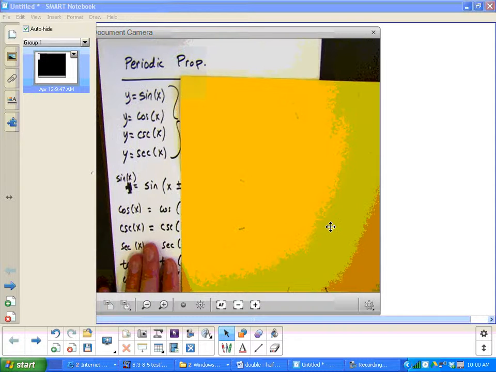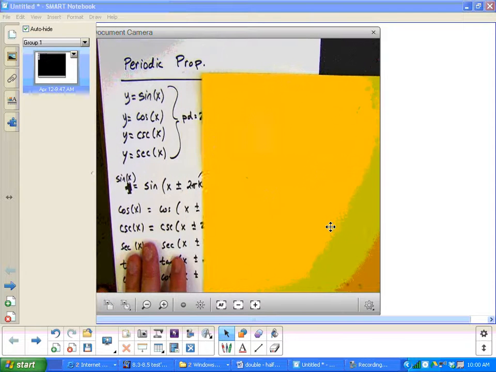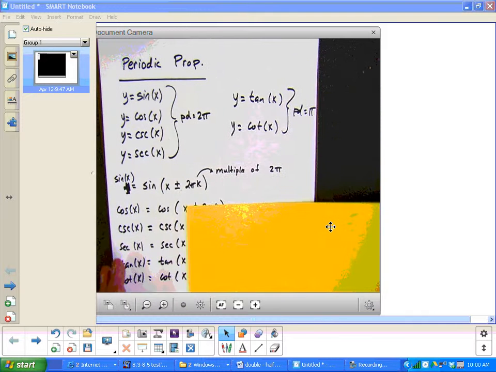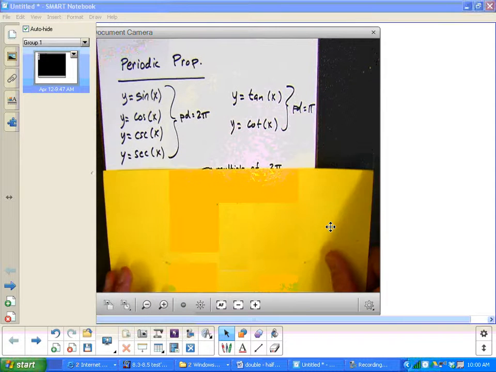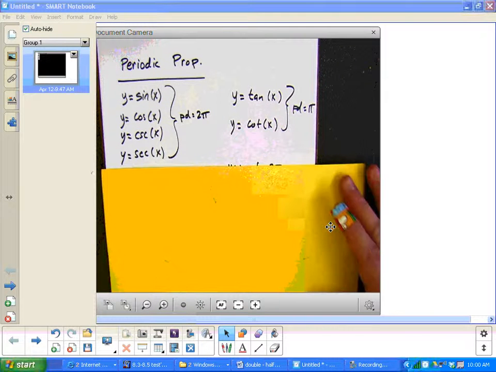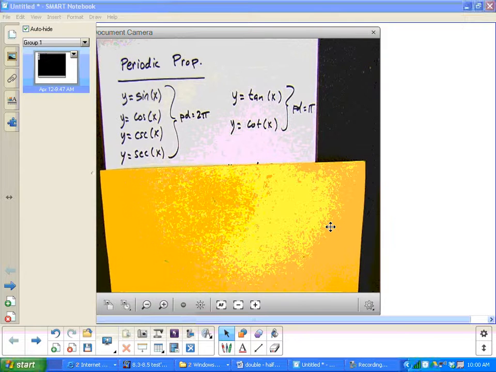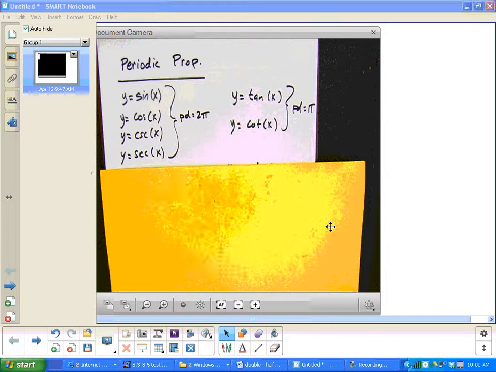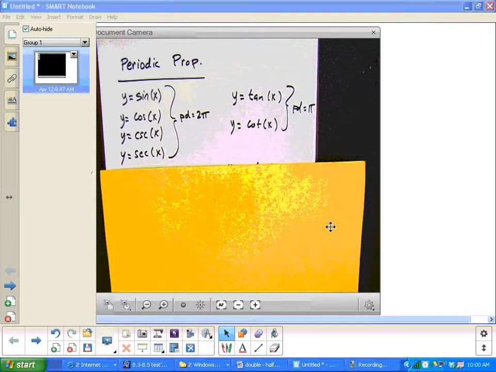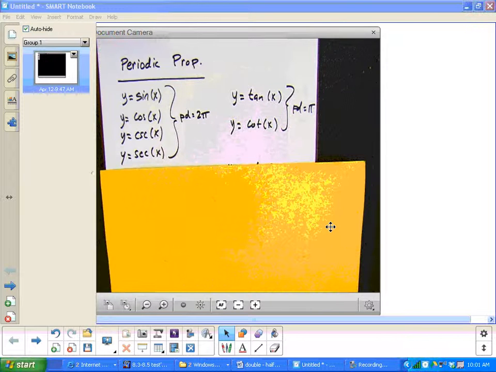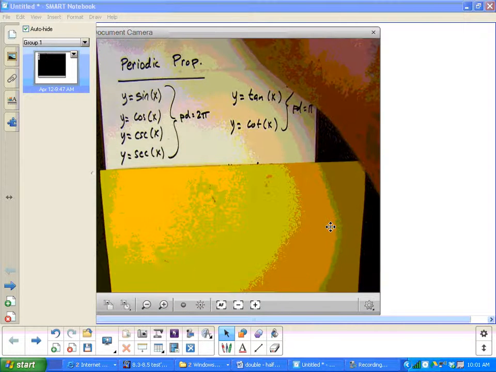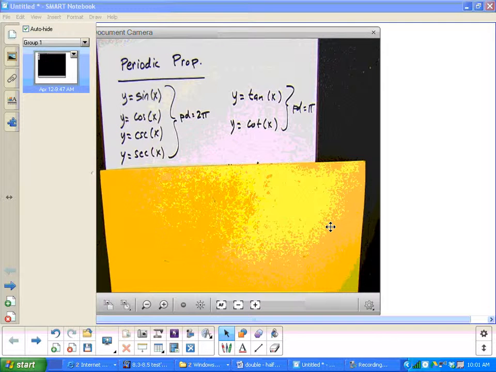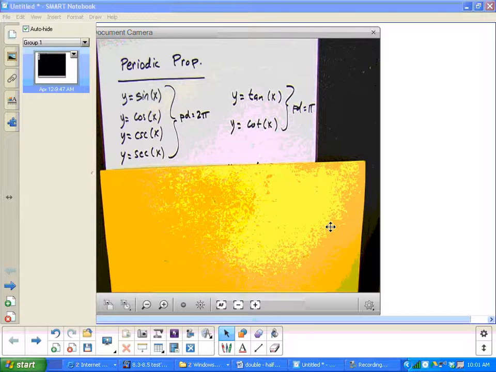So on all these, your period was just 2 pi, and then on tangent and cotangent, it was just pi. We probably know those pretty good.